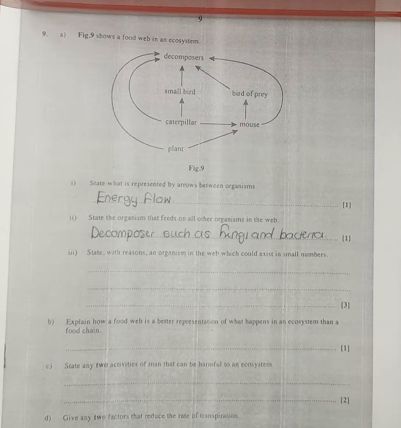And then on number 9, part 3, we're supposed to state with reasons an organism in the web which could exist in small numbers. So we are going to talk about the bird of prey. Why? Because it is at the highest trophic level. The numbers decrease up the trophic levels due to loss of energy and nutrients at each trophic level.